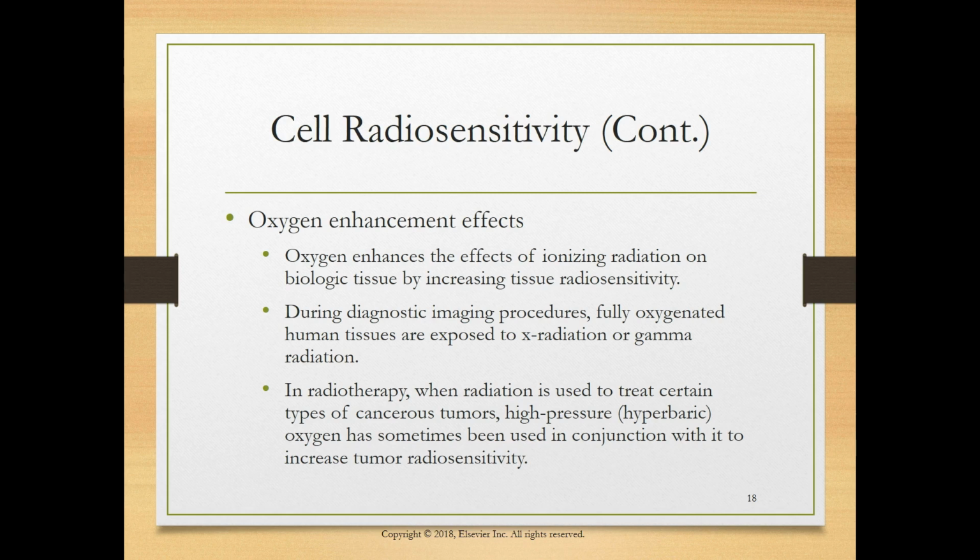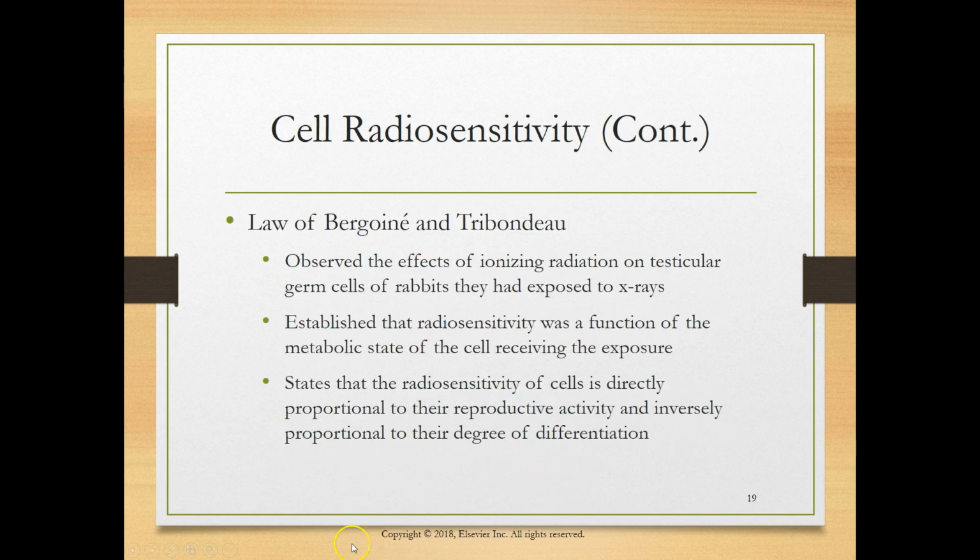So what they do is they use a high pressure, hyperbaric chamber or an oxygen therapy to force oxygen into the tumor cells, thus raising the oxygen level, and now they are more radiosensitive to the radiation therapy. So just a little side note, it increases tumor radiosensitivity.